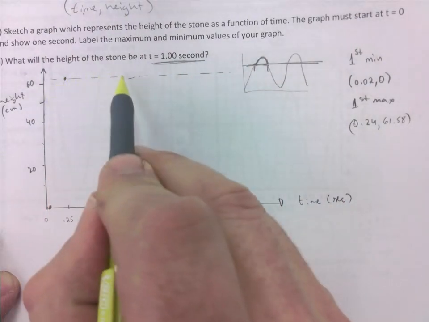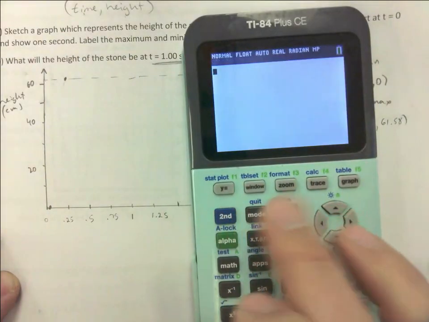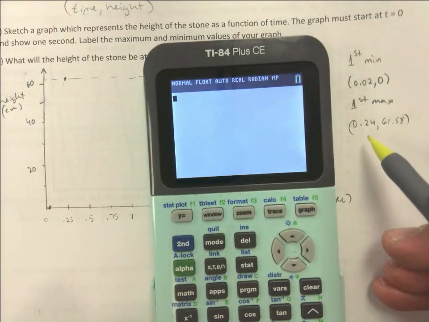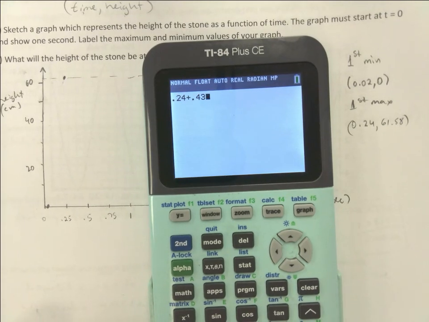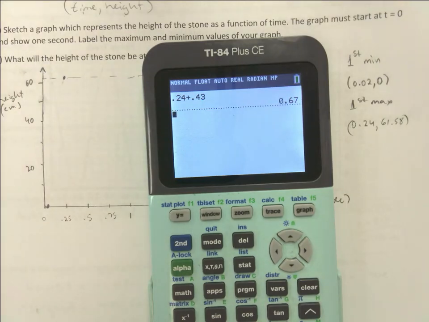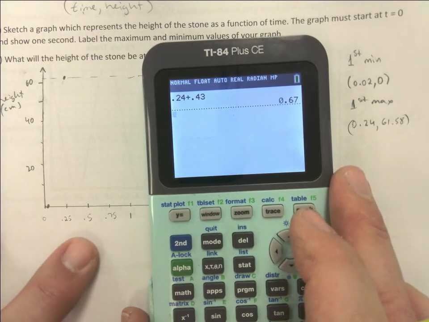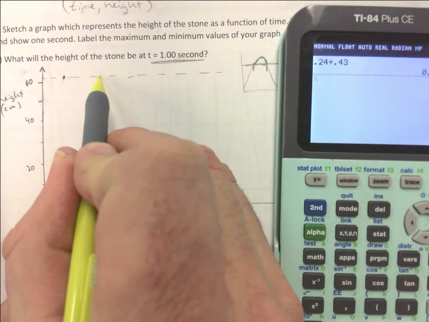And what do I add every time? I add the period to get me to my next max. So you might want to get your calculator. You type in 0.24 and you add a period to it. So that's 0.67. I had nothing to do with this, okay? 0.67 is right about there.